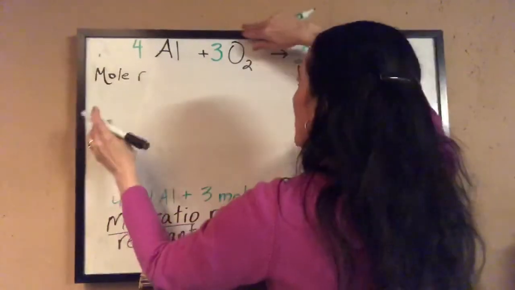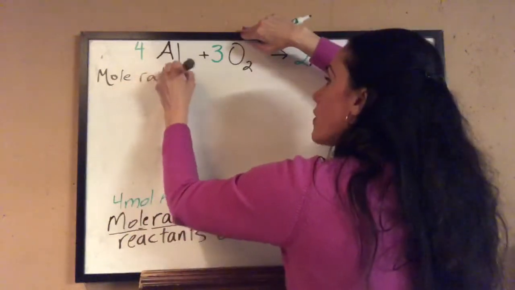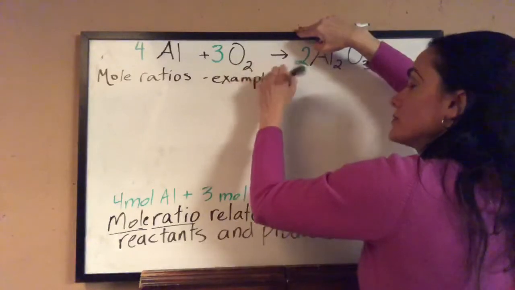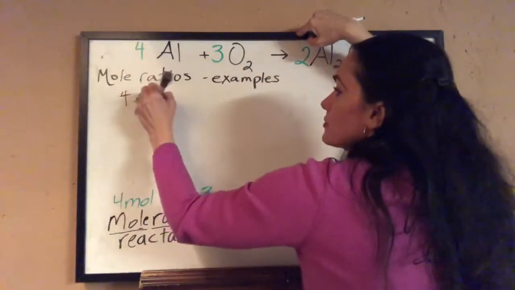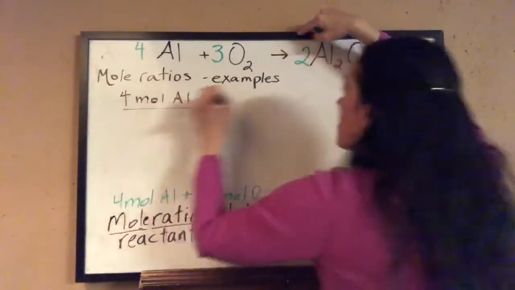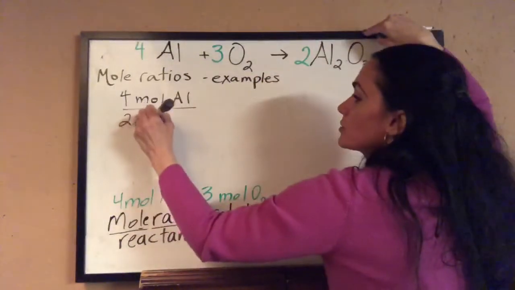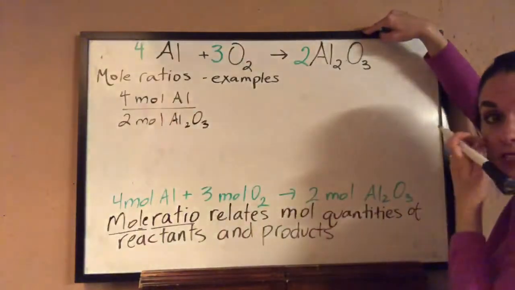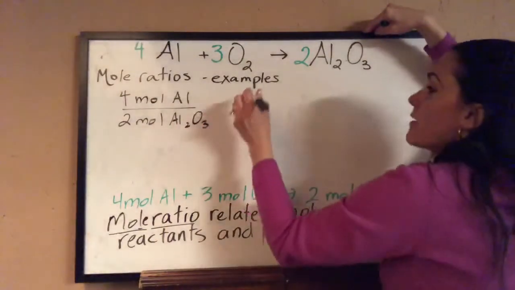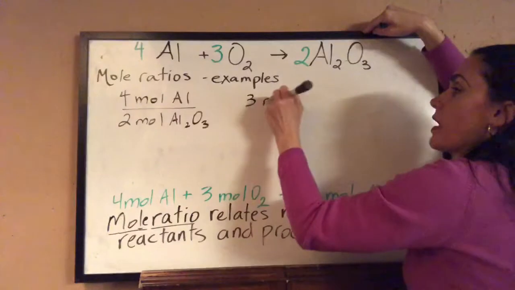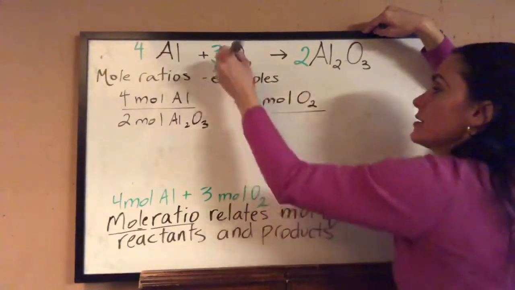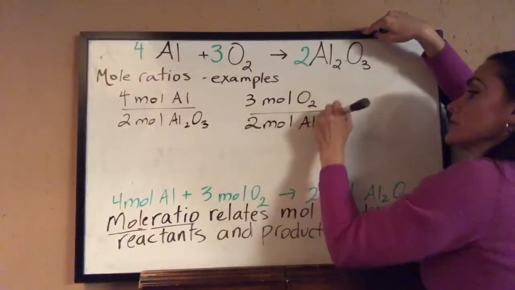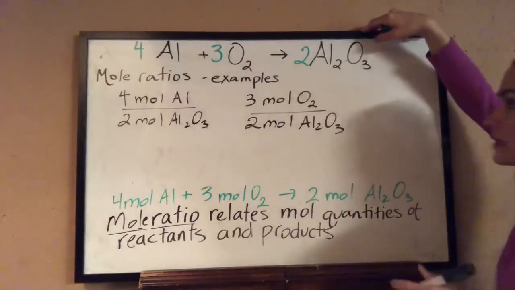Mole ratios. Examples. 4 moles of aluminum will give 2 moles of aluminum oxide. That's one example. It's not the only example. 3 moles of oxygen will react to produce 2 moles of aluminum oxide. That's not the only example.